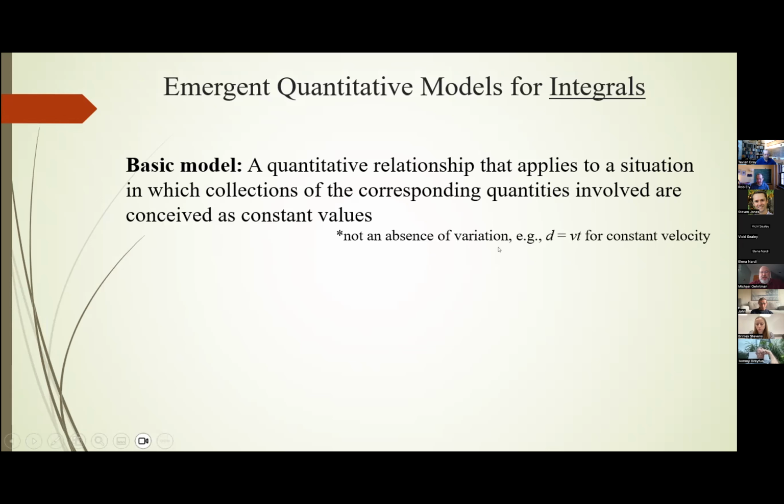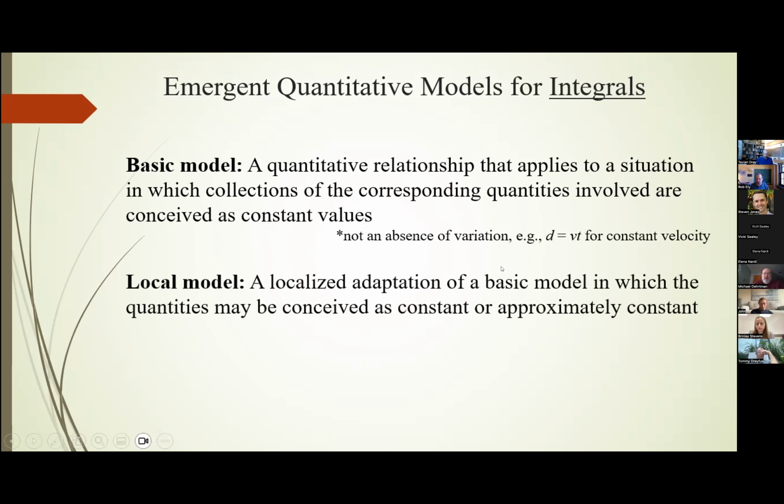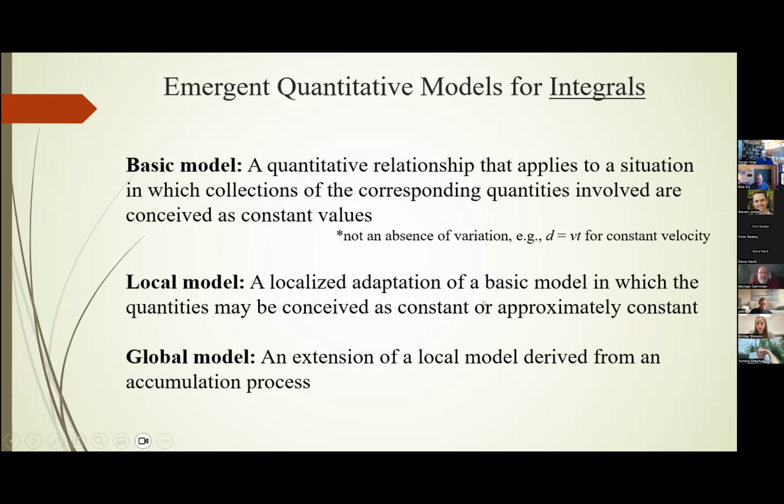A local model is when students try to apply that kind of reasoning in a definite integral situation, say where velocity is varying, and they can't consider velocity constant over any given amount of time, but they can develop a local way of reasoning about that in which velocity may be considered approximately constant. And then the global model refers to the meanings that they bring to bear on these quantities as they start to pull all of these together, say in some sort of an accumulation.